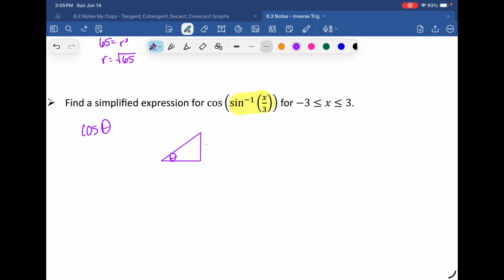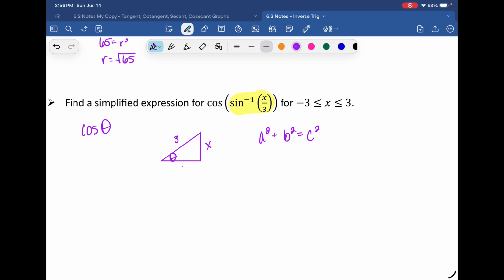Sine is opposite over hypotenuse, right? So because I have an x there, I am going to be careful about using x squared plus y squared equals radius squared, because I already have an x. So instead I'm going to use a squared plus b squared equals c squared.